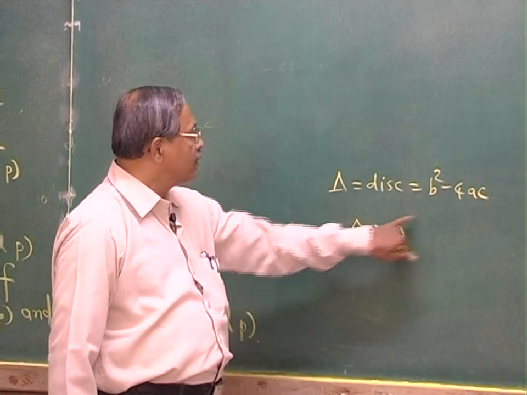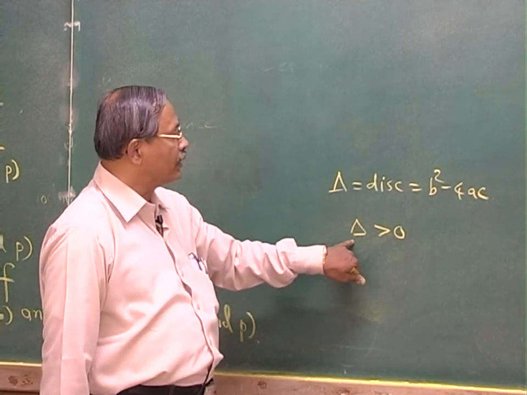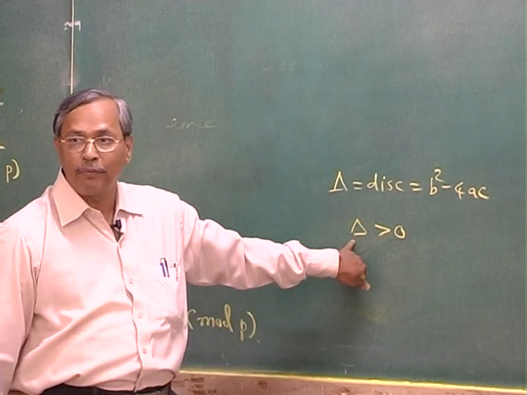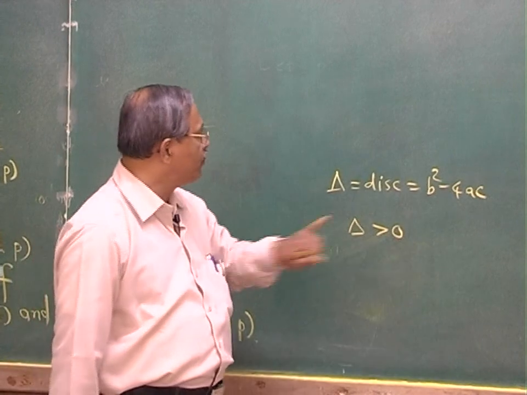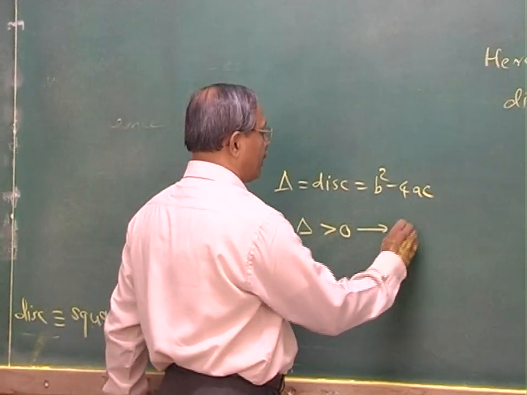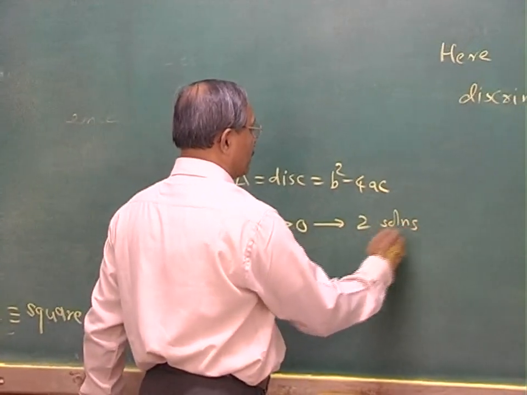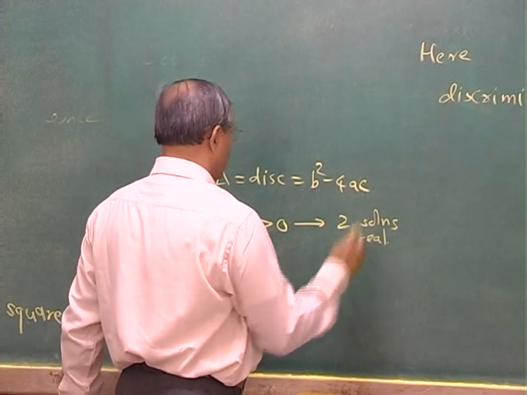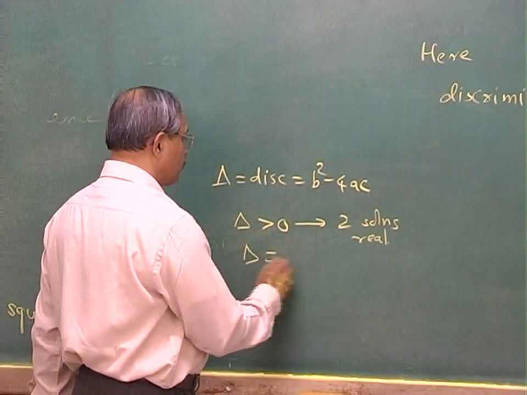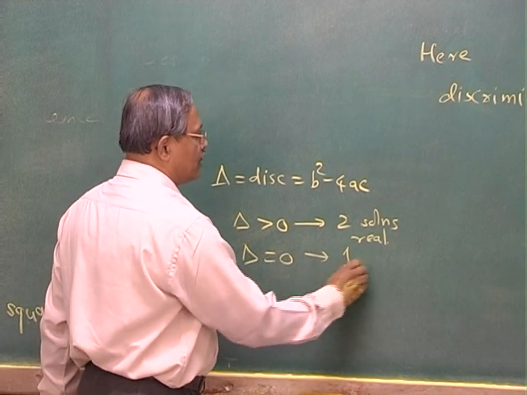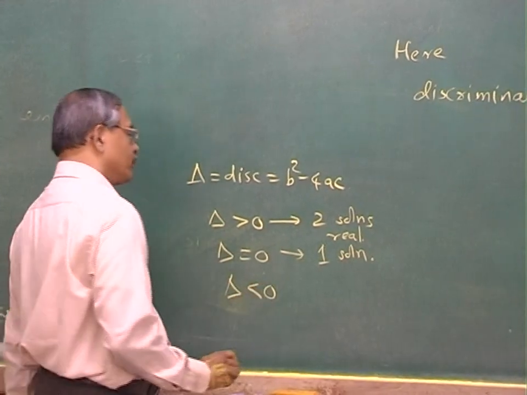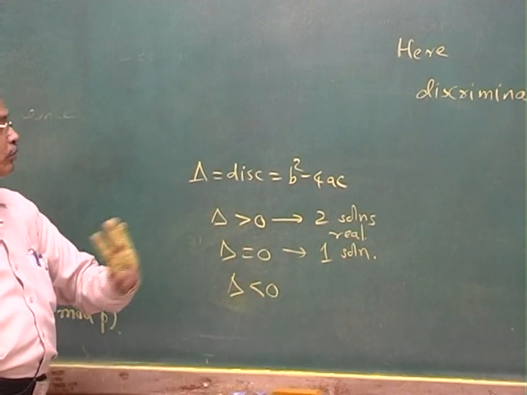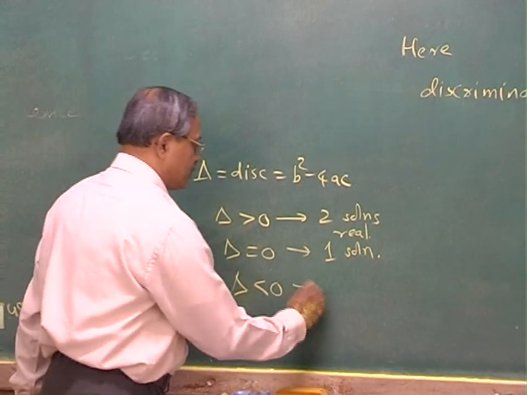For real numbers, we just write this condition of becoming a square of an element. So in this case we say that there are two real solutions, and if delta is equal to 0, then there is one solution, and if delta is negative, in that case we have no real solutions.